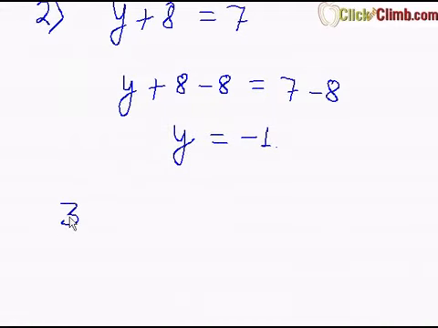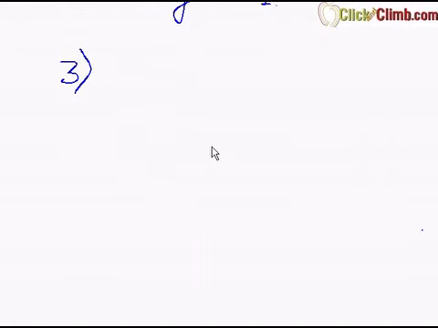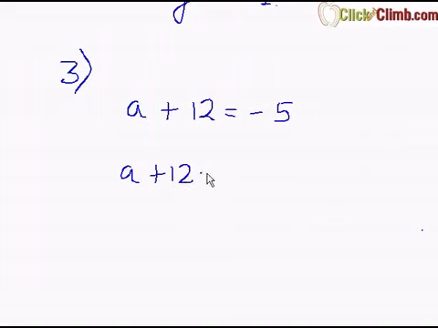Let's take a few more examples. The next one is with integers. I have the equation a plus 12 equals negative 5. To solve this equation, I will subtract 12 from both sides.